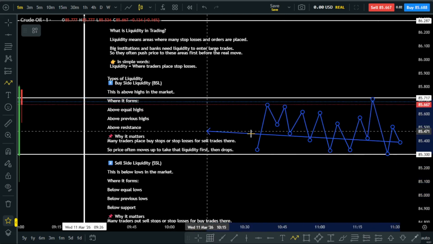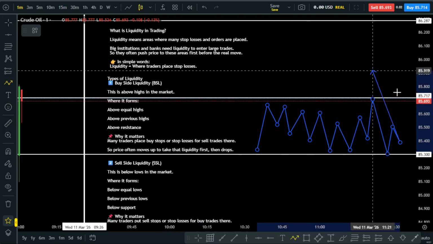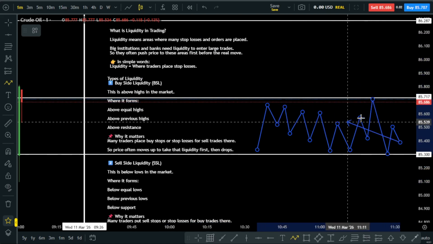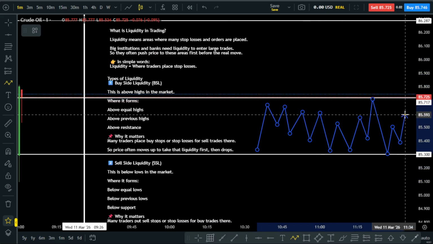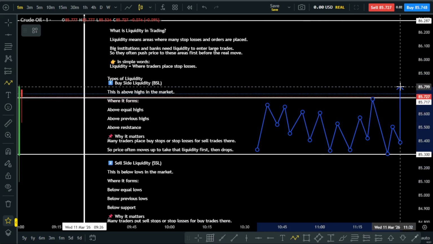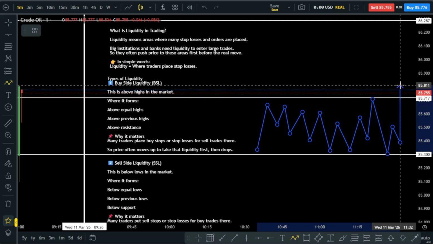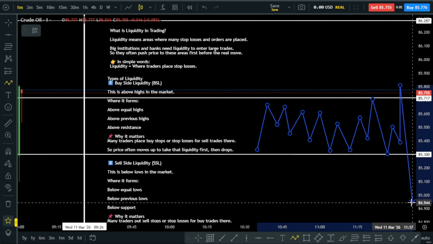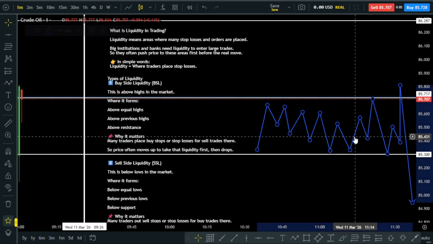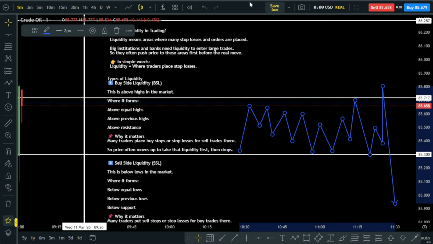So what the market will do, maybe during NFP or CPI, is just come and wick above the resistance, taking out the stop losses of people, and then it drops. This is what it means.